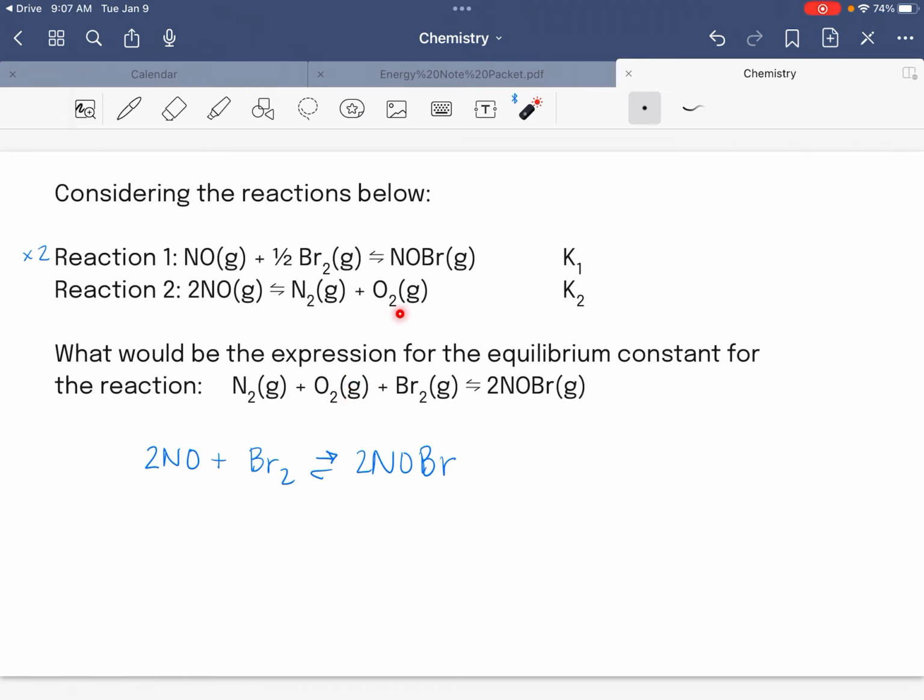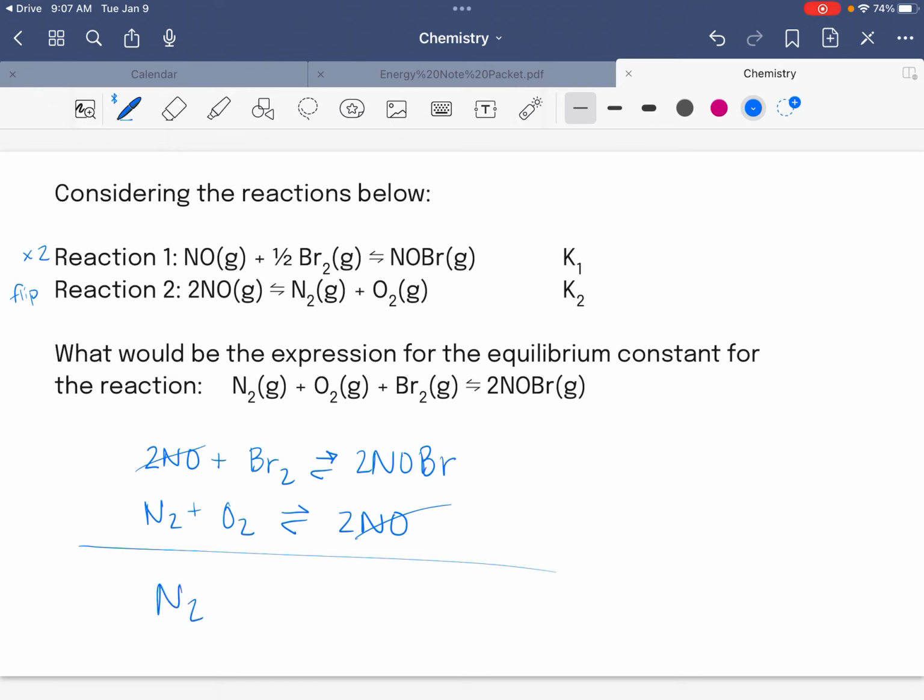I only have a single mole of O2 in reaction 2, but it is on the product side, so I'm going to have to flip this. So I'm going to have N2 plus O2 yields 2NO. Our 2NO is going to cancel. So I'm going to be left with N2 plus O2 plus Br2 yields 2NOBr, which is what I was trying to get to.